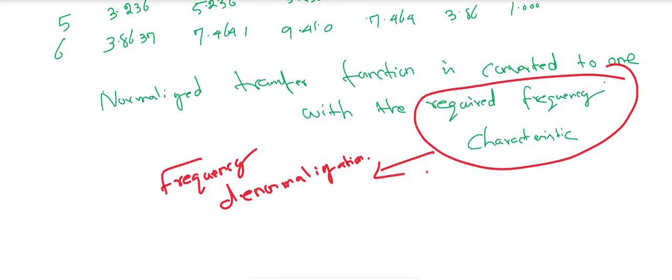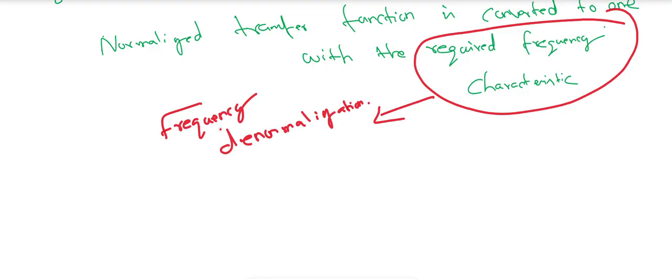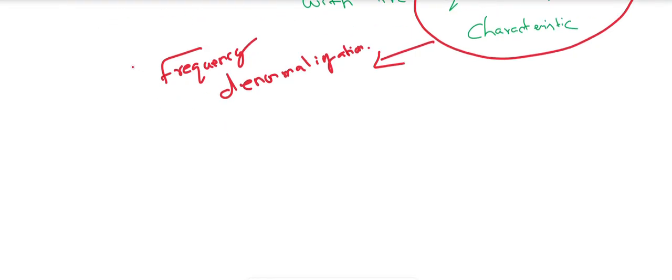So analog filter design. Next, with respect to the order of the filter, what are the polynomial coefficients? Then you convert the normalized transfer function to the required frequency characteristics. From the normalized low pass prototype, you have to convert to either low pass or high pass, whatever.